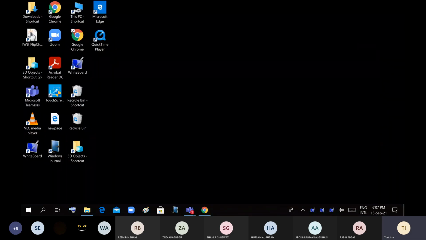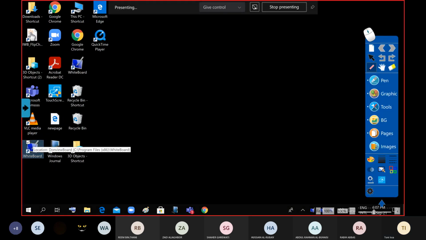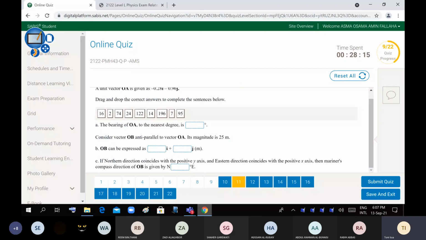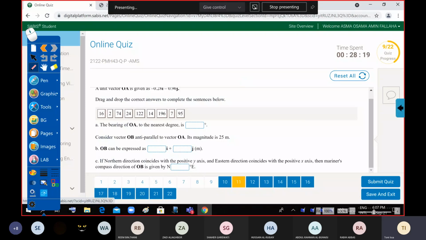Maybe I need to open this again. So here, as you can see now, for OB, they asked how do we draw it? What we got for OB is 7i plus 24j. It's like a point.